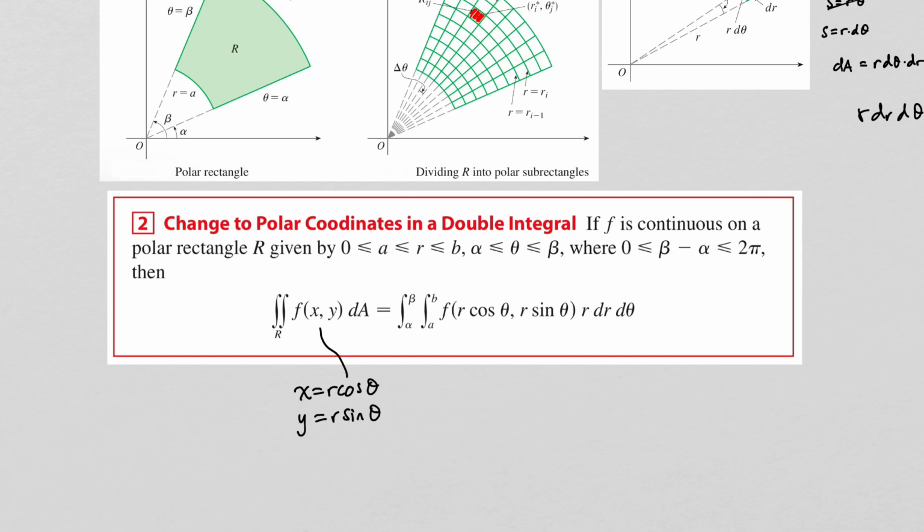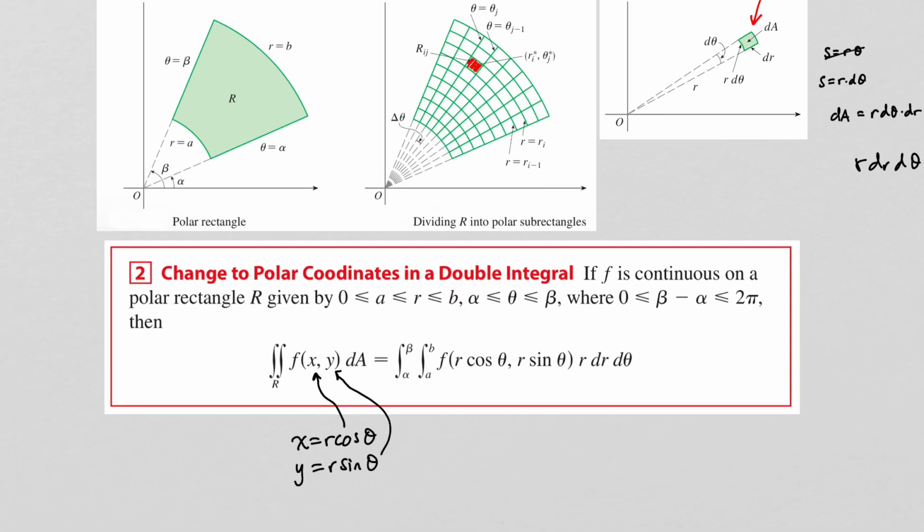So if we plug these quantities in for x and y, we end up getting the double integral of f of r cosine theta, r sine theta, times r dr d theta, where r is in between a and b, and theta is in between alpha and beta.